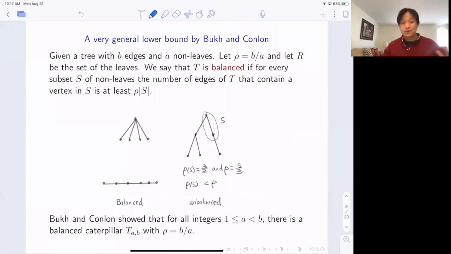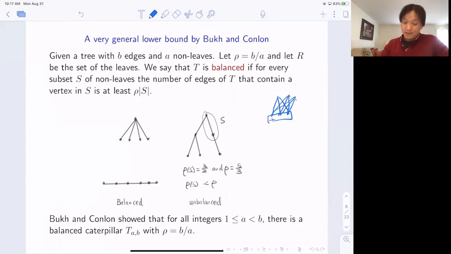But soon after, Bukh and Conlon together developed a very general lower bound that's motivated by this K_{s,t} and the theta graph. What they observed is, if you look at K_{s,t}, you can think of it as taking t many copies of the star S star, sharing the same leaf set.